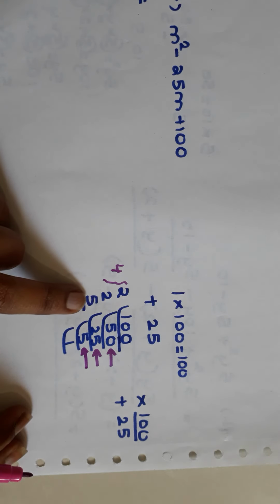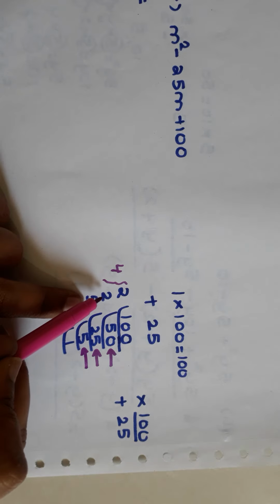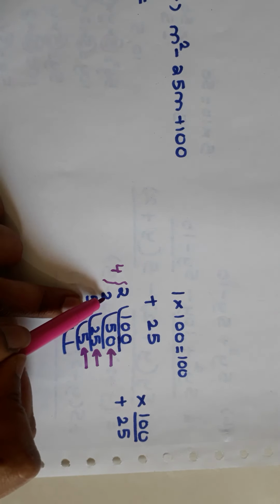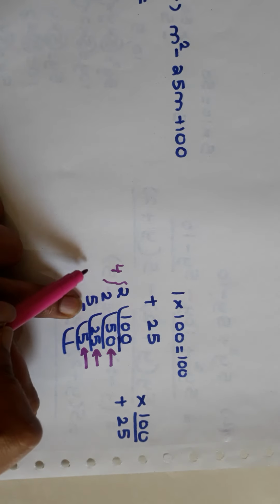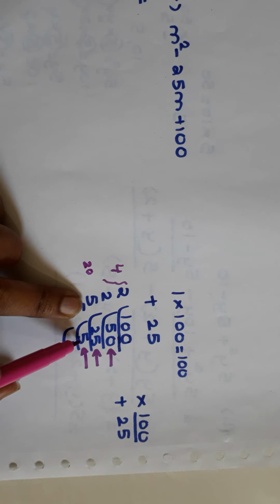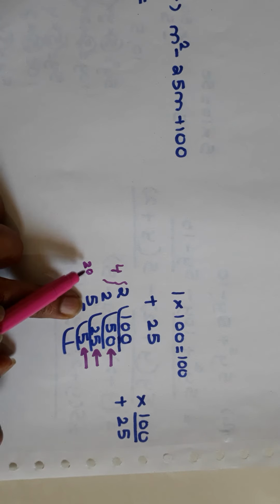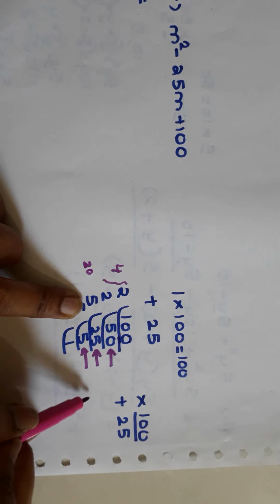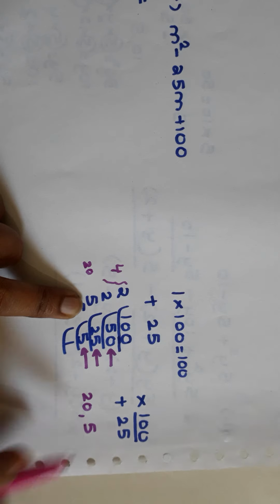And on the right you will take 2, 2 and 5. Take the product of 2, 2 and 5. 2 2s are 4, 4 5s are 20. 20 into 5 is 100 and 20 plus 5 is 25. So that means the factors are 20 and 5.